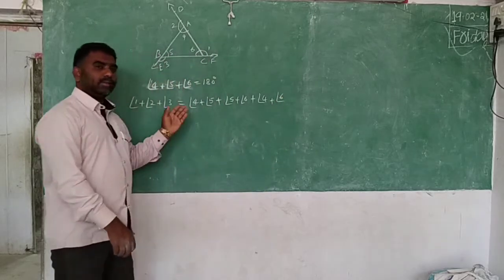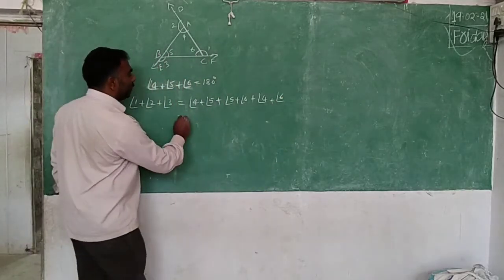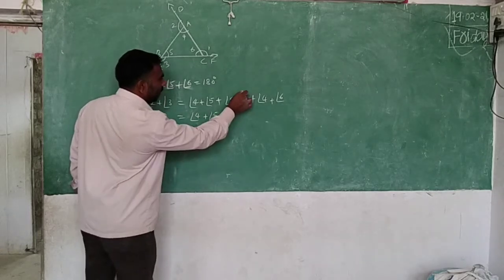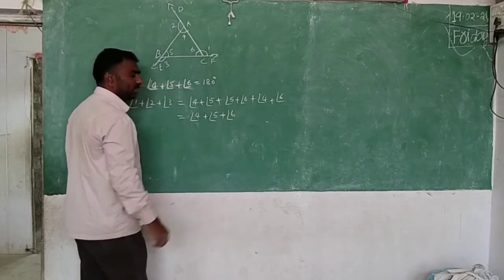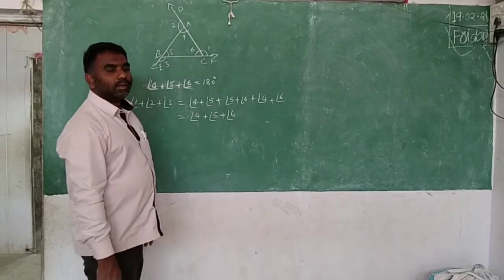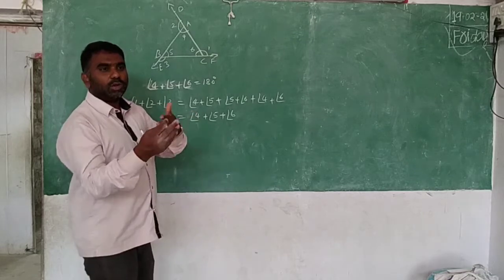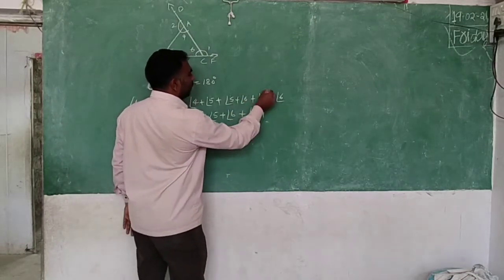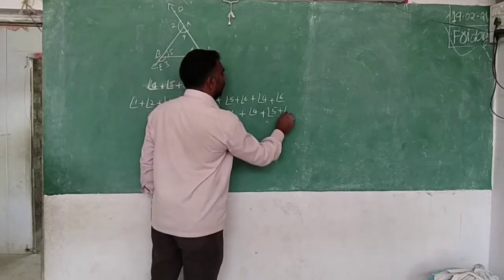Can I write like this? Then observe carefully. I am writing like this: angle 4, angle 5, angle 6. This 6 I am taking first. Can I take first or not? You can shuffle the numbers in addition. Now angle 4 plus angle 5 plus angle 6.